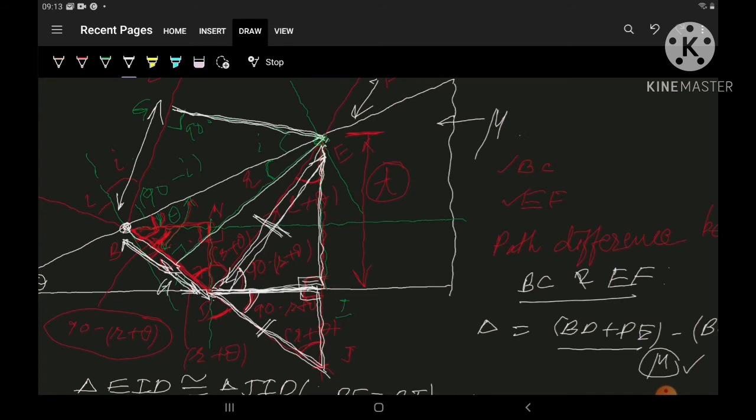In triangle BHE, one angle is 90, and the other angle is R.